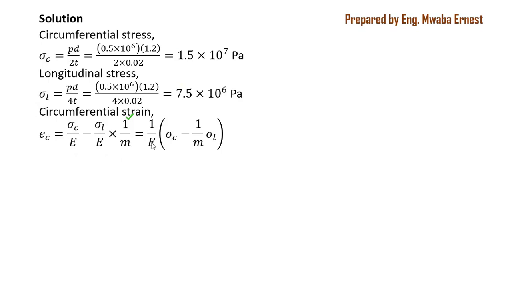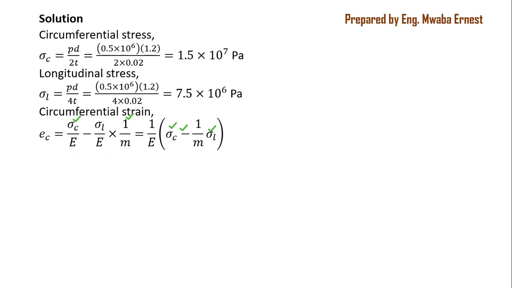So we can factorize 1 over E inside the brackets. Here, we are going to remain with this circumferential stress. Minus, so the minus remains. And then lastly, we have Poisson's ratio multiplied by the longitudinal stress.